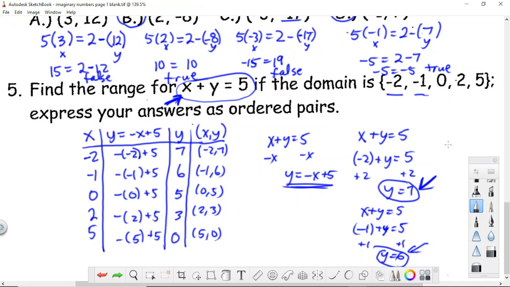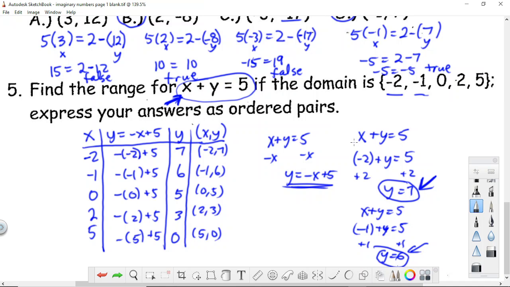So there was one like this on the review as well that I gave to you guys, and I'm pretty sure there was one on the homework also. Not exactly the same problem, but by one like this, I mean one where the rule for calculating y was not given explicitly, but instead you have an equation and have to solve it for y, or do it the long way and calculate each one individually.